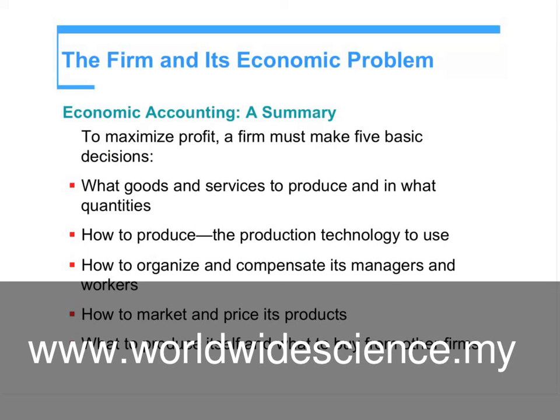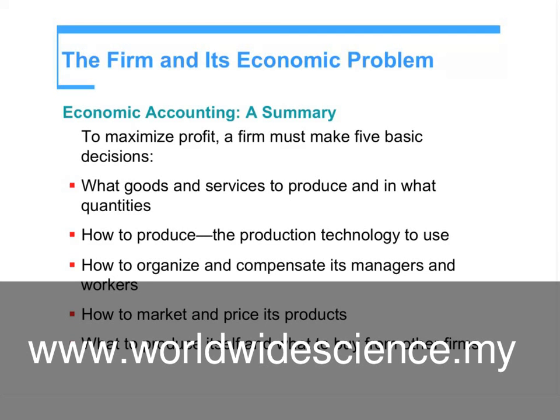When we have a company, we have to compensate and pay our workers and managers. So how we decide to do that, and how to market and price its products. How do we market and advertise our products, and also set certain prices and pricing strategies, and what to produce itself and what to buy from others.